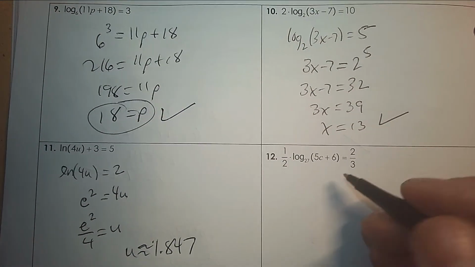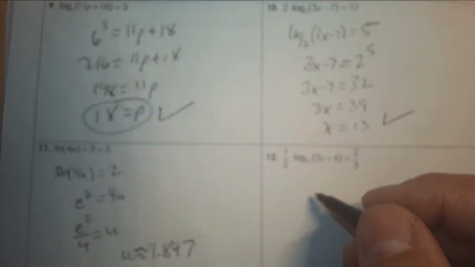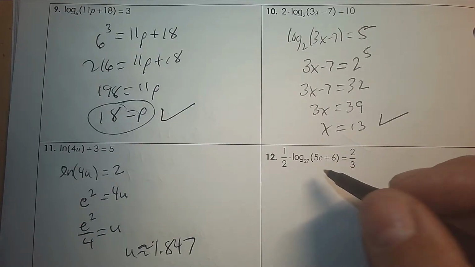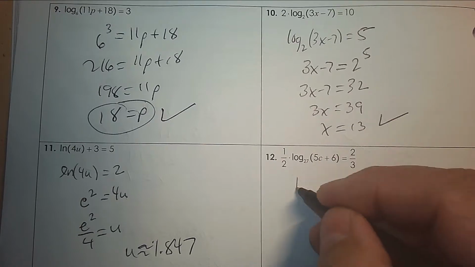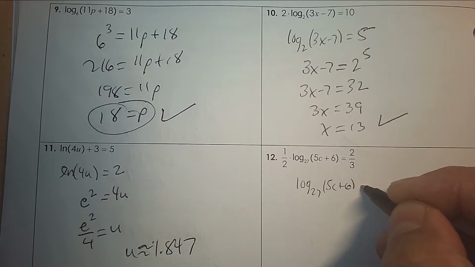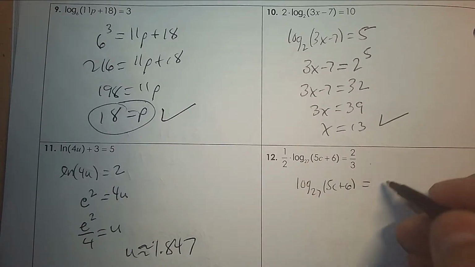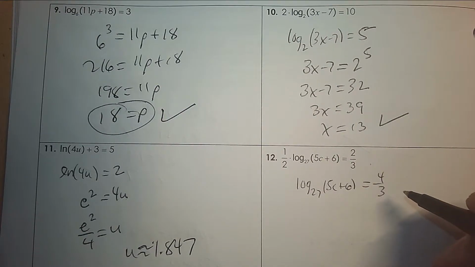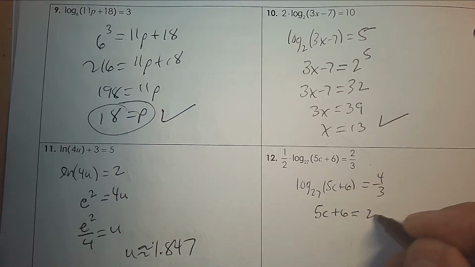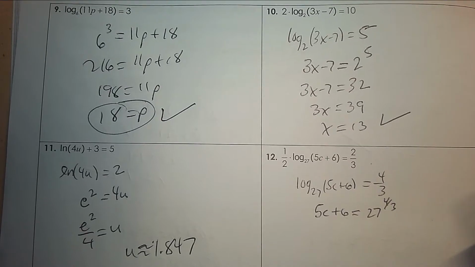All right, here I want to isolate the logarithm, so it makes more sense to me to multiply both sides by 2 to do it. I could write it as an exponent, but that's not going to be helpful. So times 2 both sides, that's 4/3. Now write it. The answer is 5c plus 6. The base is 27. The exponent is 4/3.